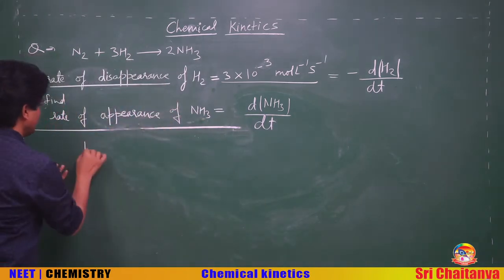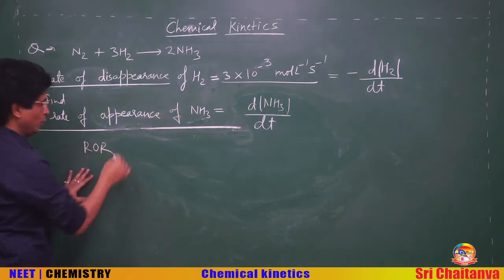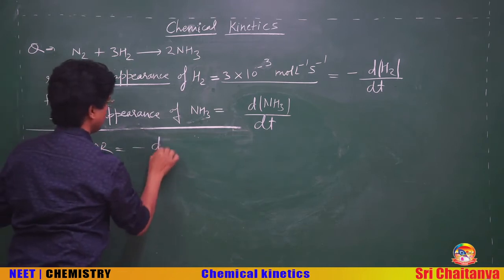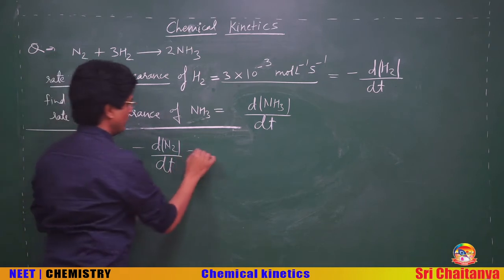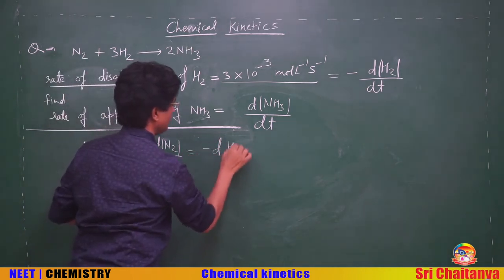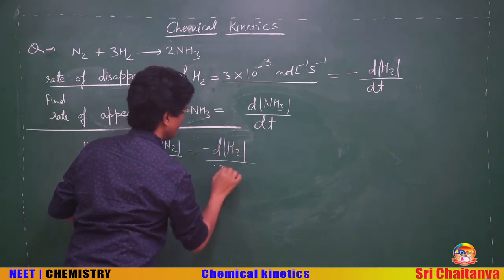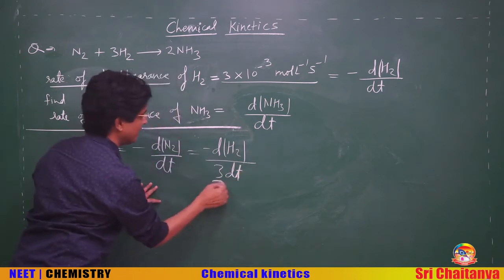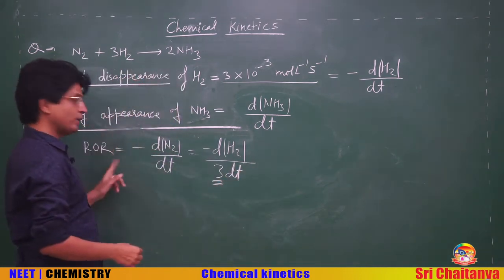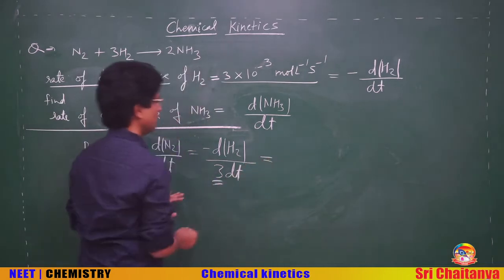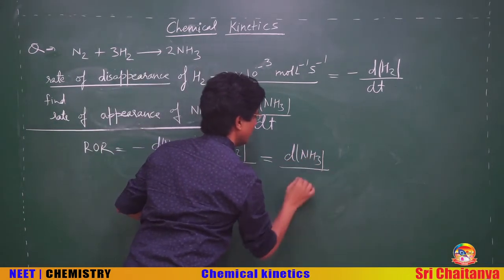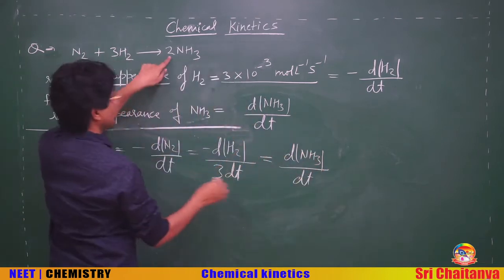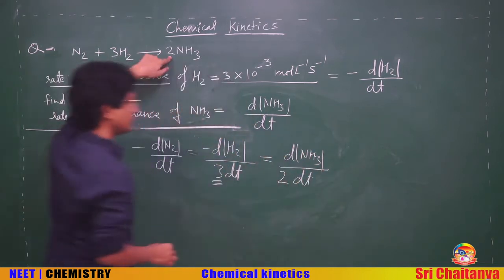Now I know that rate of reaction will be equal to minus of d[N2] by dt, which will be equal to minus of d[H2] by 3 dt. Remember to divide by the stoichiometric coefficient to get rate of reaction, which should be equal to d[NH3], change in concentration of ammonia, divided by time taken and the stoichiometric coefficient, that is 2.